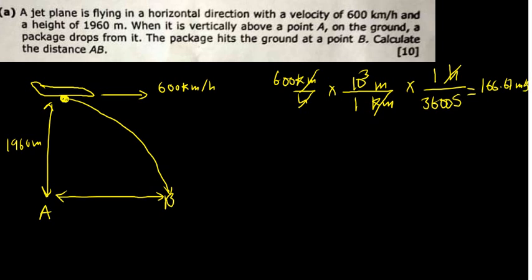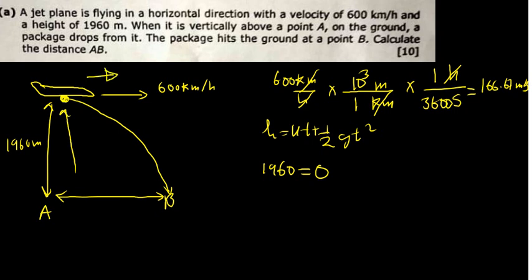Now we can say height is equal to ut plus half gt squared. The height above the ground is 1960. I want to find the time of flight, the time it will take for the package to move from the top to the bottom. The initial speed here is going to be 0 for the package. Why? There is no speed in the y direction. Remember, the plane is moving in the x direction, so even the package is just going to receive a velocity component in the x direction.